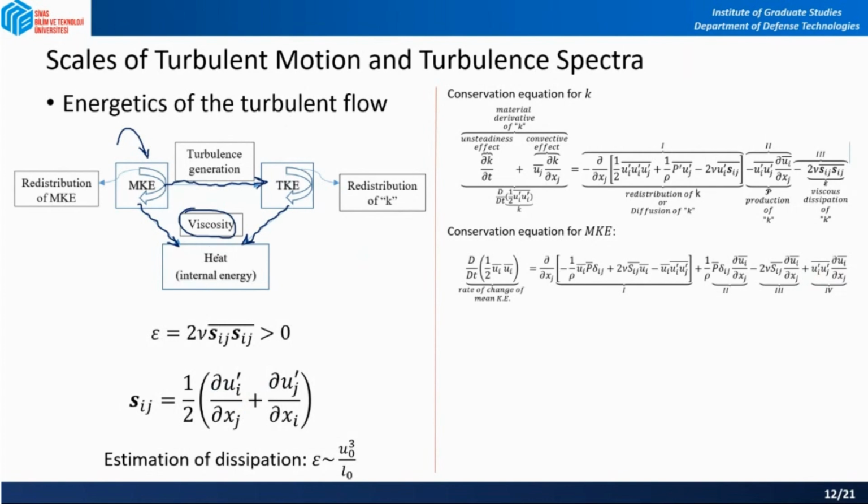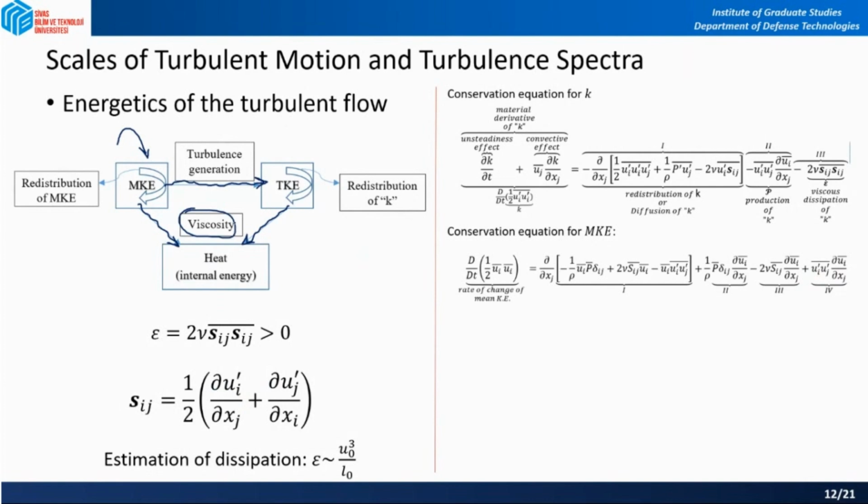At the end of the day, everything will be dissipated, but mean kinetic energy either dissipates directly to heat, or it gives some energy to turbulence and then turbulence dissipates it to the heat.